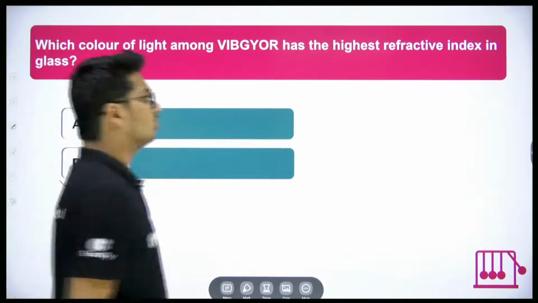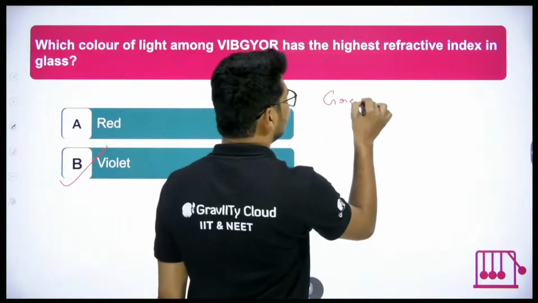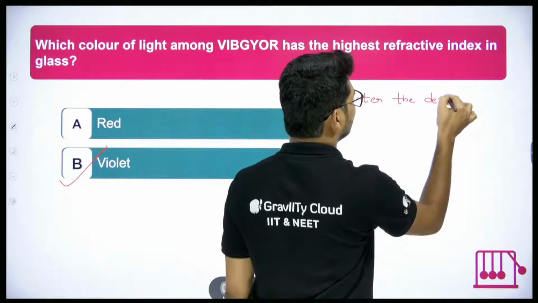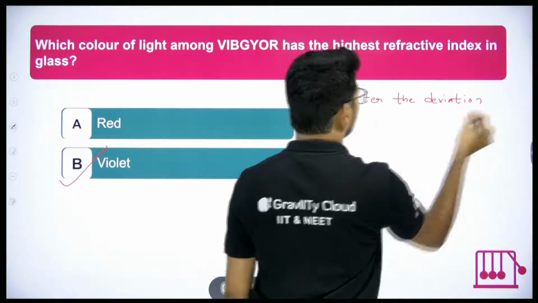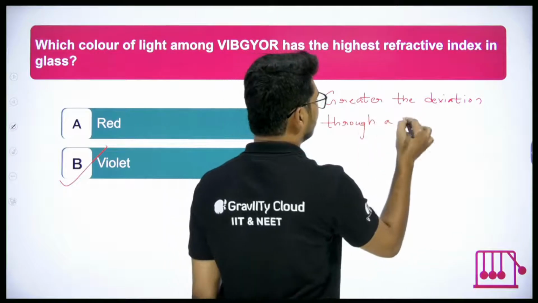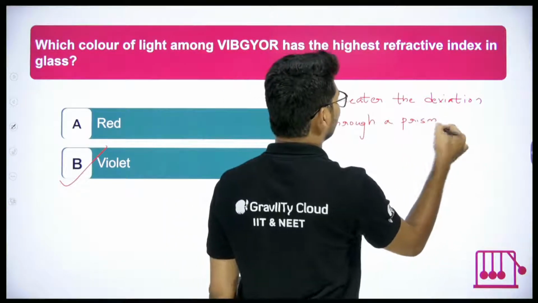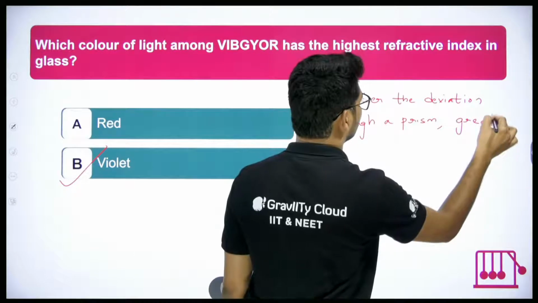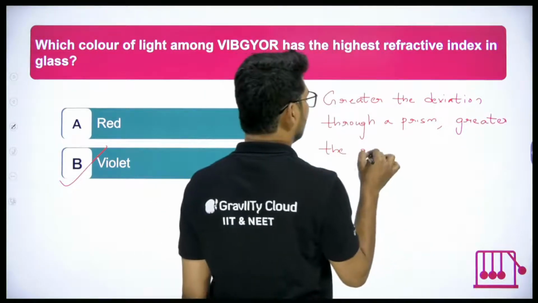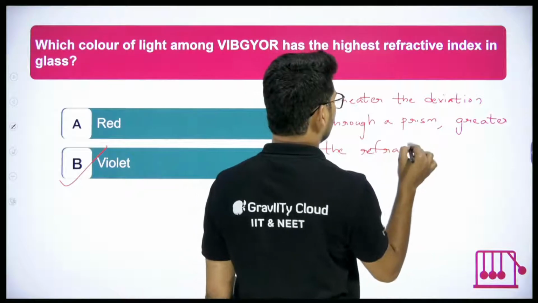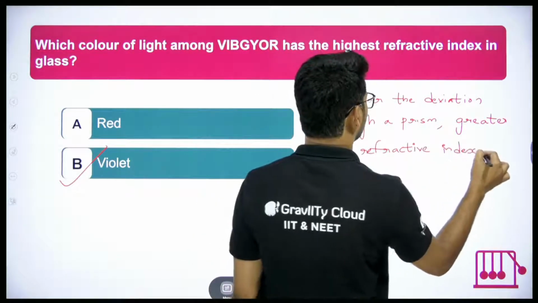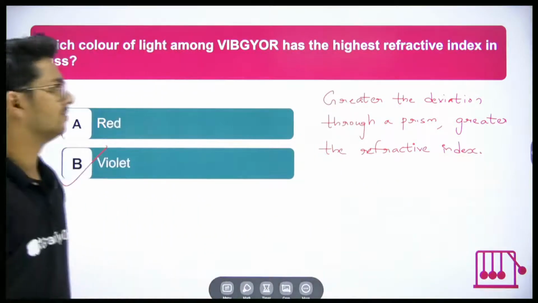Whichever deviates the most through a prism, greater the deviation, greater is the refractive index. Is that clear?